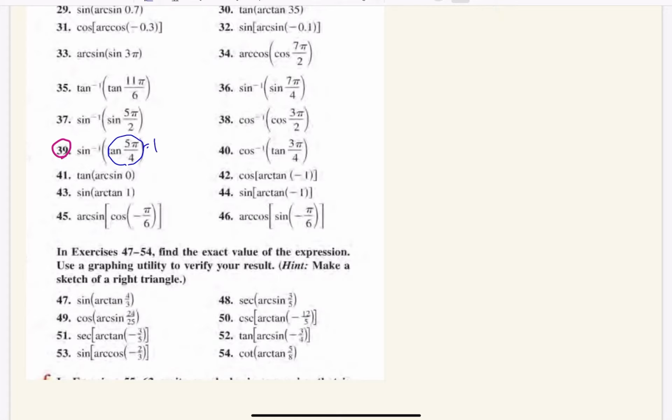So it's like finding sine inverse 1. Set up k. Switch x and y to go back to the original sine function. So sine k is 1, and k is pi over 2, because k should be between negative pi over 2 and pi over 2.